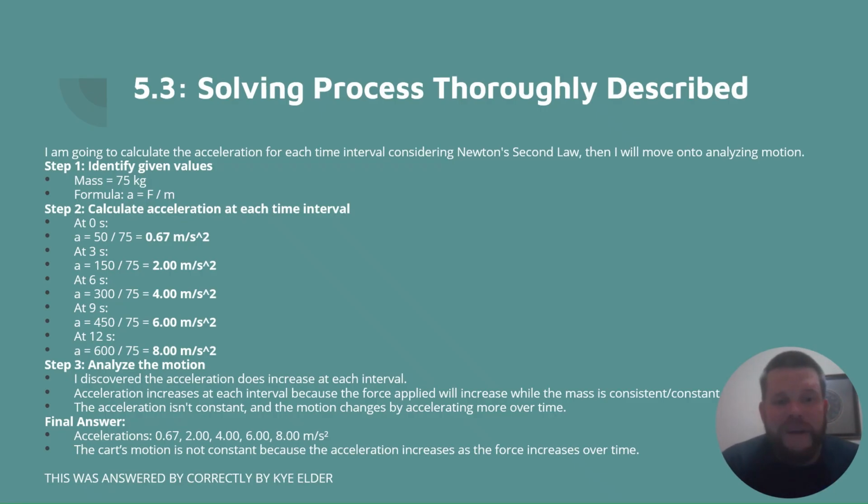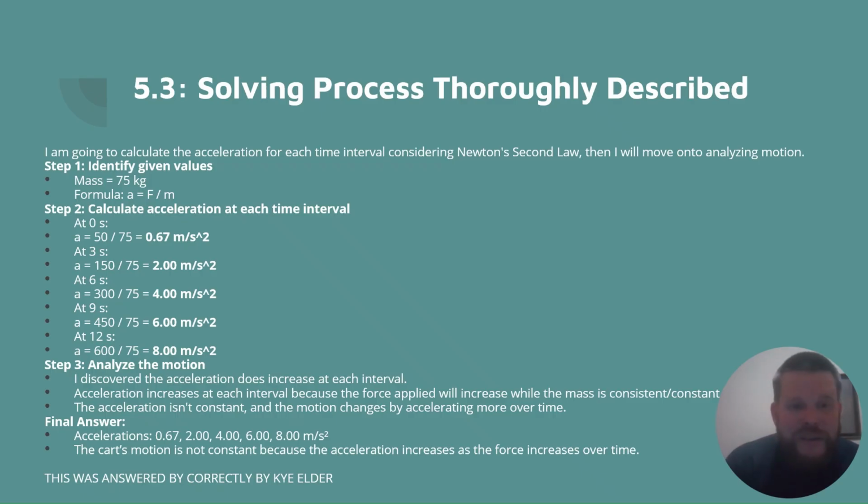I discovered that acceleration does increase at each interval. Acceleration increases at each interval because the force applied increases while the mass is constant. The acceleration isn't constant, and the motion changes by accelerating more every time. And there you have your final answers.